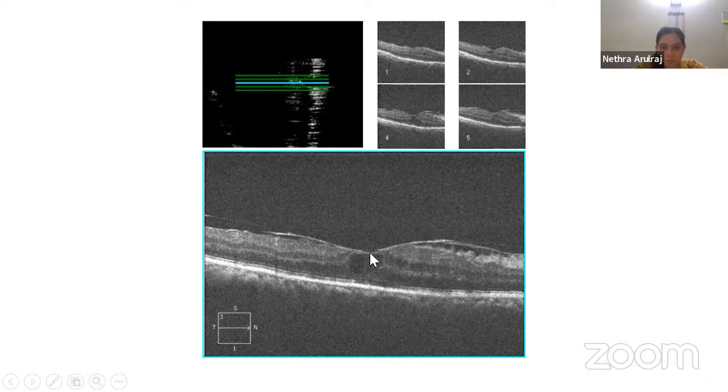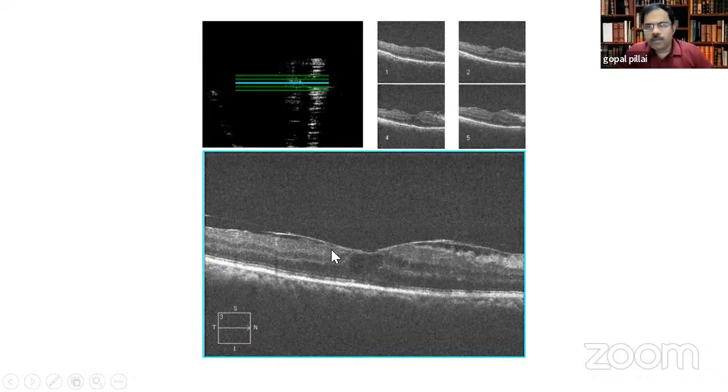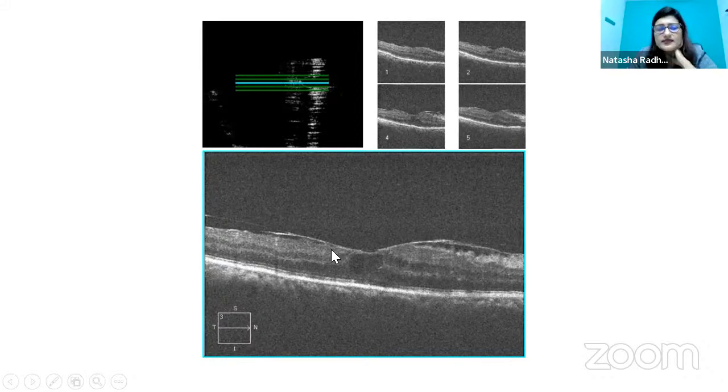So according to the classification, it should be around 1B. Okay, here you can see that the cyst has involved a bit of the outer retina also, but otherwise, usually the inner retina is more involved.